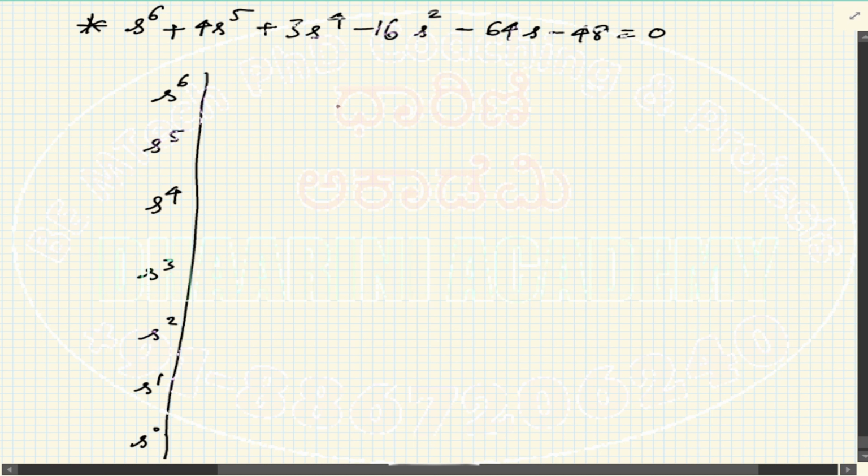So this is 1, 4, 3. So there is no s to the power 3, so this becomes 0. Okay, then minus 16, minus 64, minus 48 and 0.